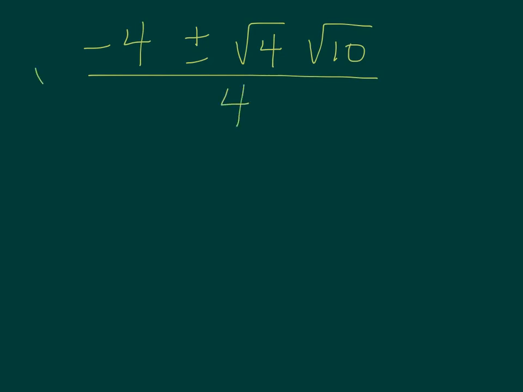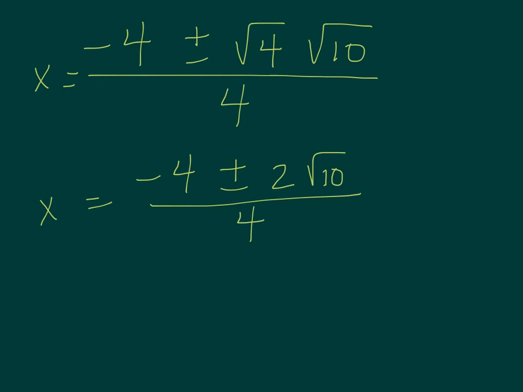Now if we simplify, the square root of 40 is square root of 4 times square root of 10. And now square root of 4 is 2. And then factoring out from the numerator our GCF, or greatest common factor, if we factor out a 2 from that numerator, we can reduce this fraction.